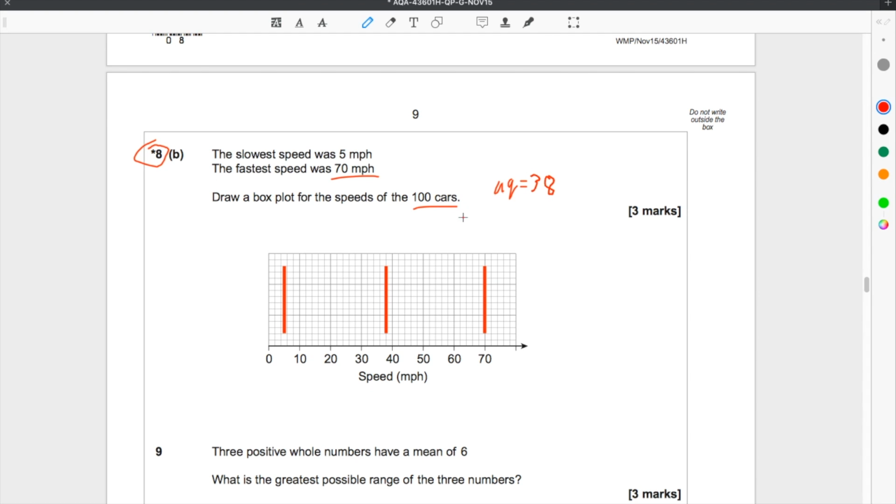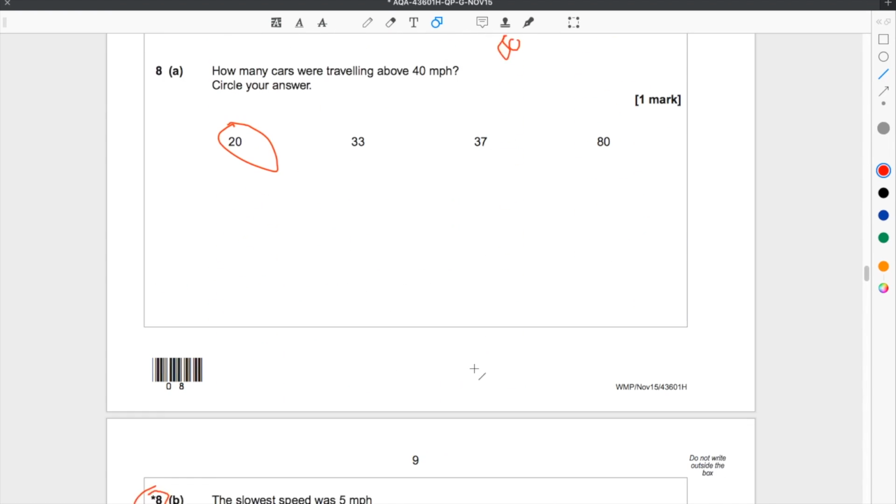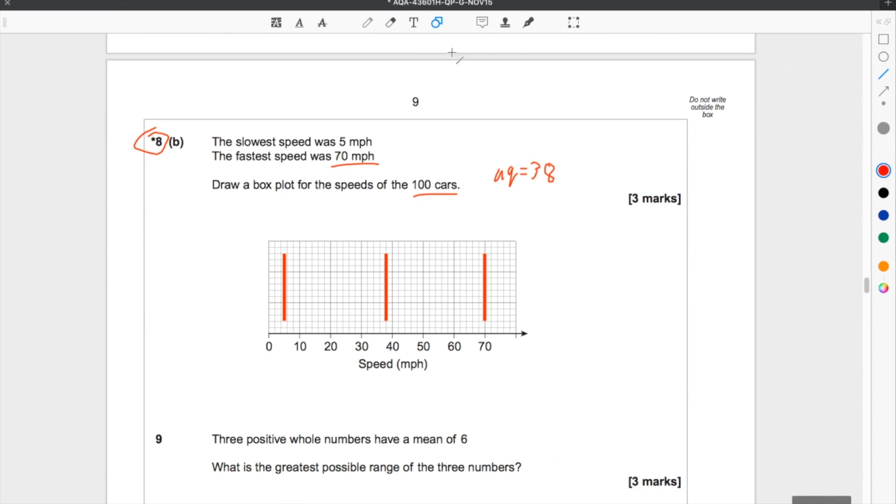Now a lower quartile is the lower percentage, so if 75% is the upper quartile, then 25% is the first quarter. Well, 25% of 100 is 25. So again, we draw a line now at 25, which is there, across to the curve, and that gives us 30, doesn't it? That's 30, yeah. So the speed for the lower quartile is 30.